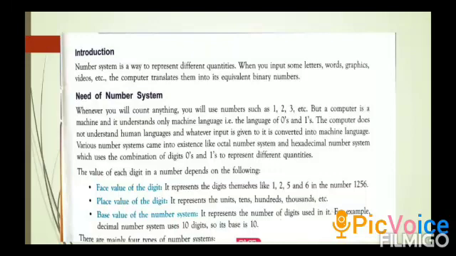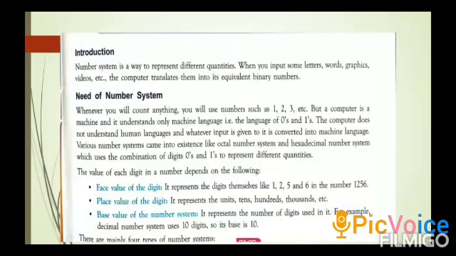different quantities. The value of each digit in a number depends on three things: base value of the digit, place value of the digit, and base value of the number system.